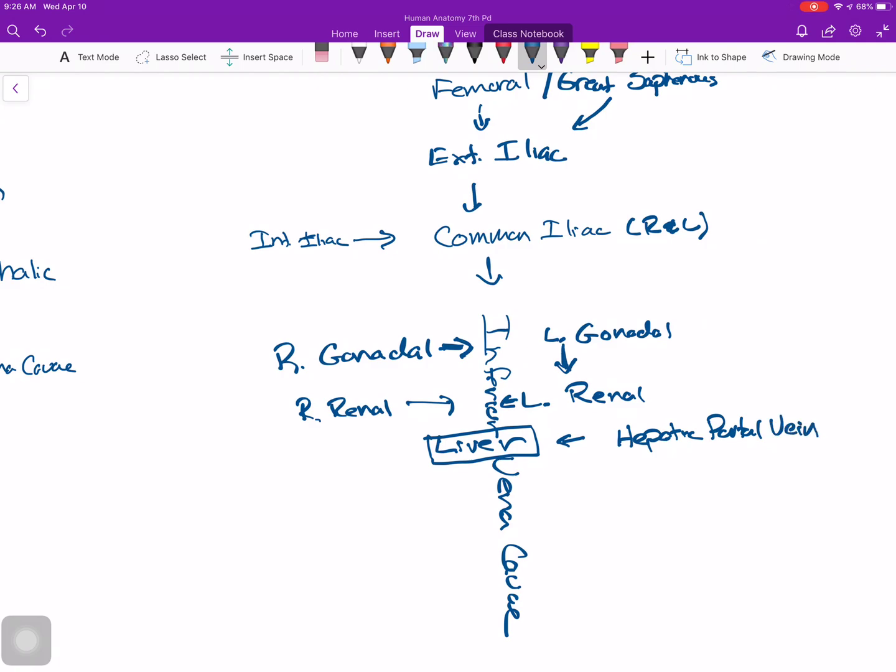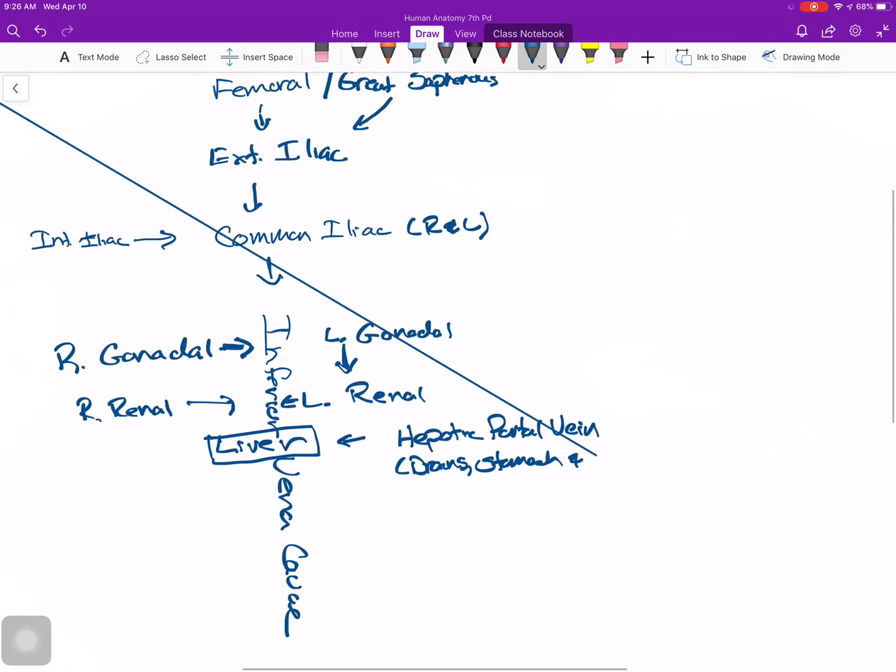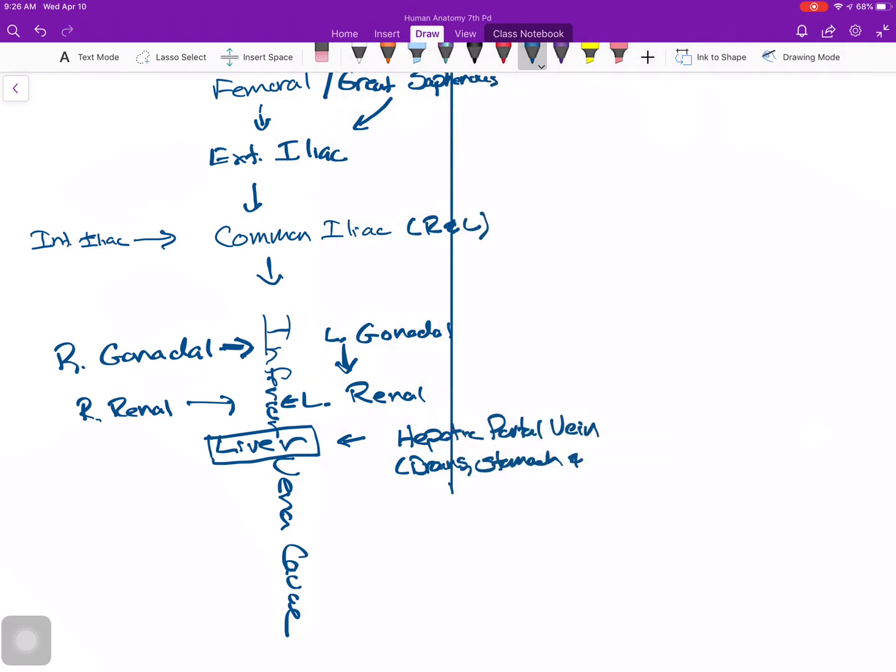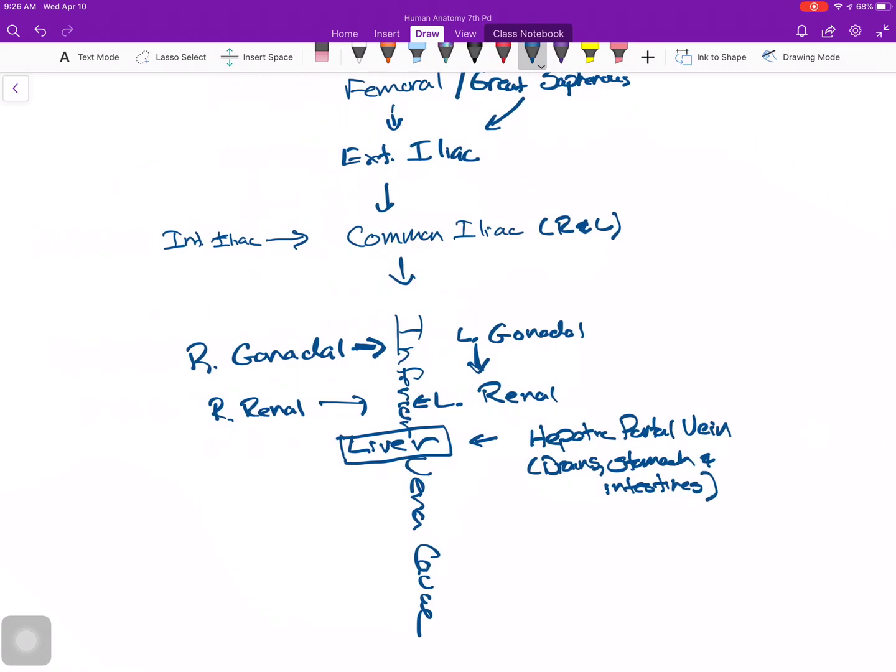And that drains the stomach and intestines. Now remember, why are we going through the hepatic portal? Because you need to have your blood filtered, okay? Intestines. This is just not doing right for me today, is it, guys? Intestines. Okay, that's going into the hepatic portal.